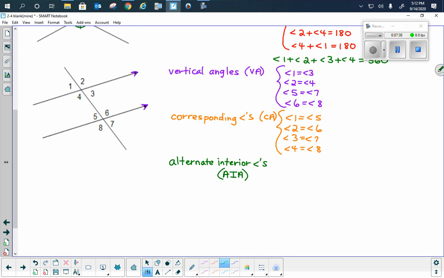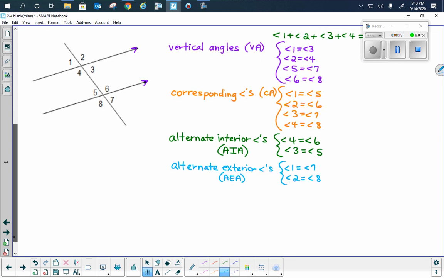I would have angle 4 equals angle 6 and angle 3 equals angle 5. Okay, that's alternate interior. Let's go with alternate exterior. So AE or AEA. And now we would be looking at angle 1 equals angle 7 and angle 2 equals angle 8.